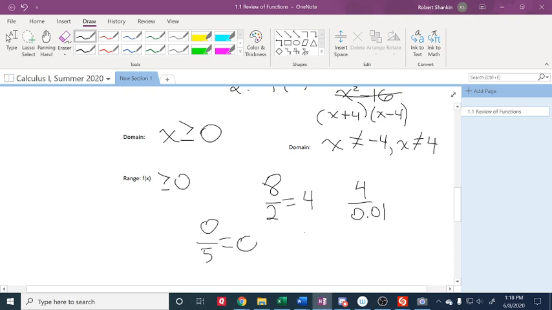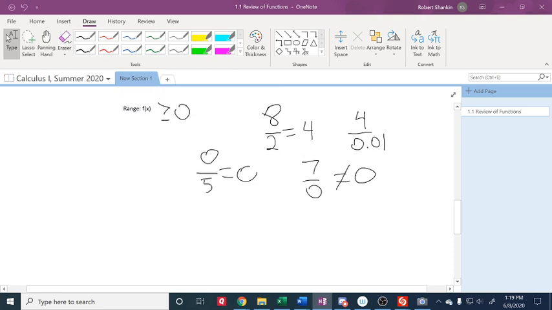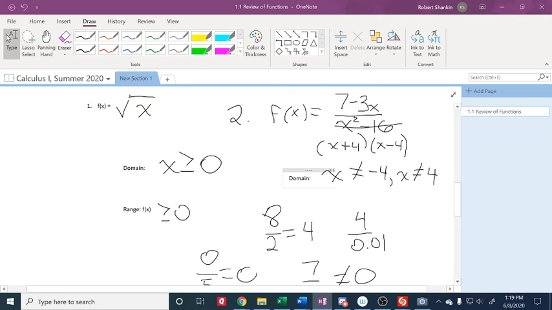But when you have 7 divided by 0, and you try to set it equal to 0, this times this does not equal that. And also, how many times do you add this to itself to get to this? You add it to itself an infinite number of times, you're still stuck at 0. It's so impossible that we have to say that this is just not allowed. And so we have to exclude that as part of the domain here.